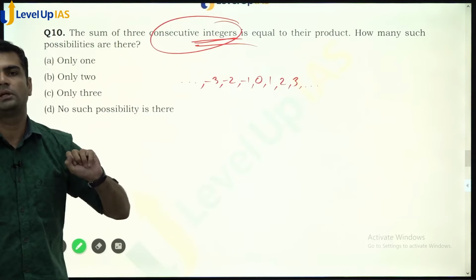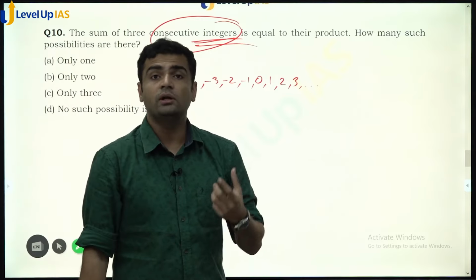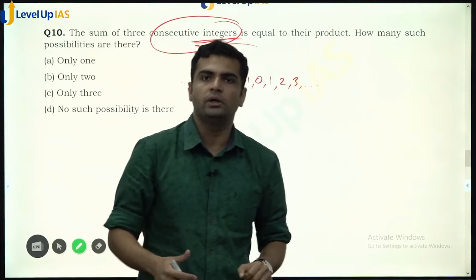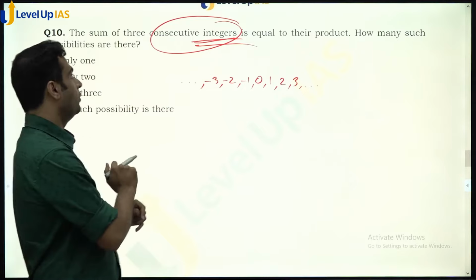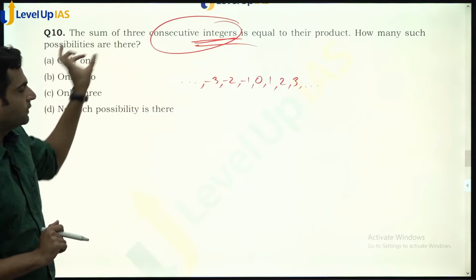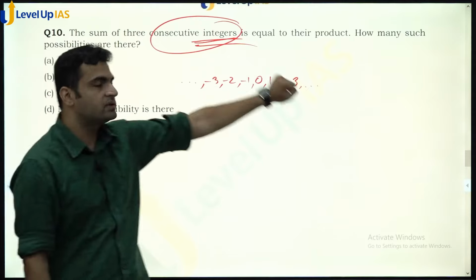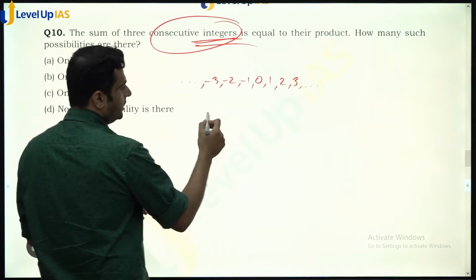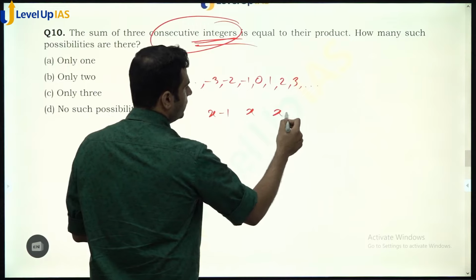Can we form an equation out of that? Again, your skill of mathematization is being tested here, and your knowledge about divisibility. How do we divide numbers? What are the rules of division? That again is being tested. We'll see how. So, firstly, we need to form an equation out of this. Sum of 3 consecutive integers is their product. Now, I'll take those 3 consecutive integers as x minus 1, x and x plus 1.